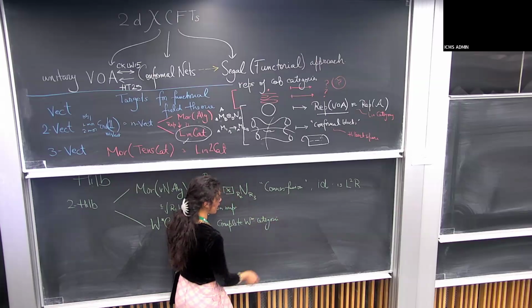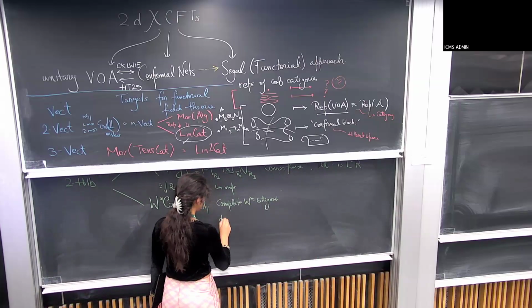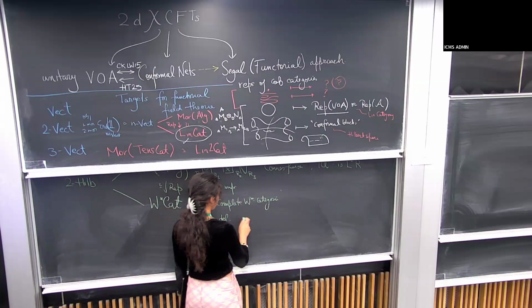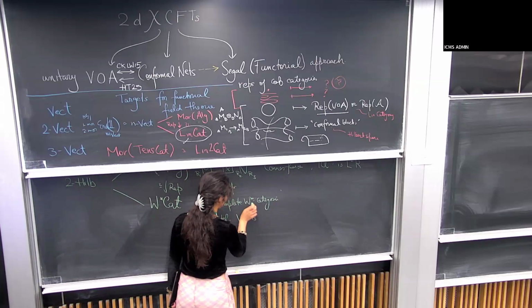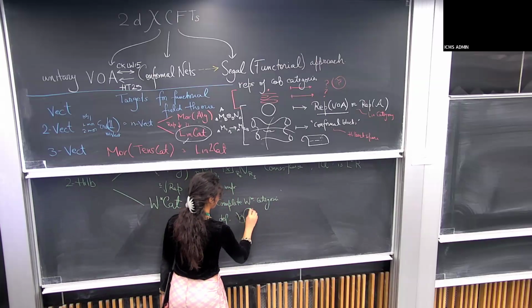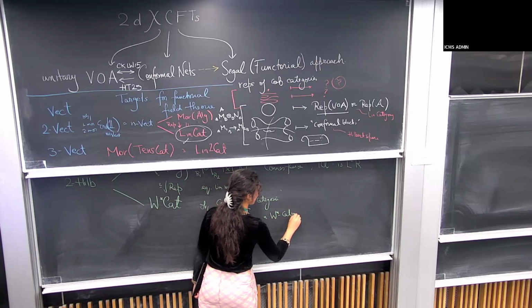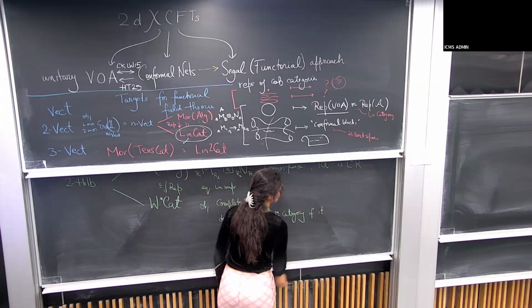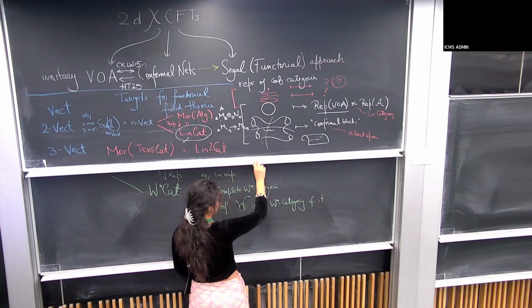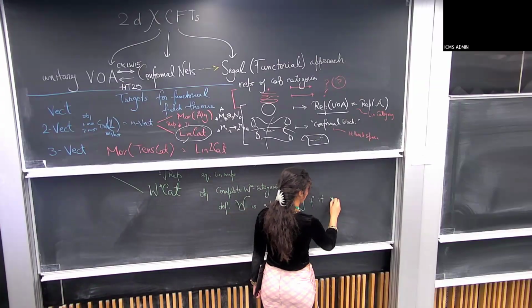So W* categories are, let me give you a definition. A category W is a W* category if, and this definition is sounding so tautological, I'll say W is a W* category if it is a star category.